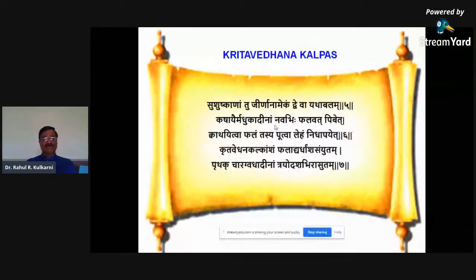Then he says Krutavedana kalkamsham palardamsha sanyuktam prithak aragvadadinam trayodashabhir asutam. Here, one part of Krutavedana and half part of phaladi, that is madana phala, jimutaka, ikshvaku etc. The bijas of them have to be taken, prepared into the kashaya and used.